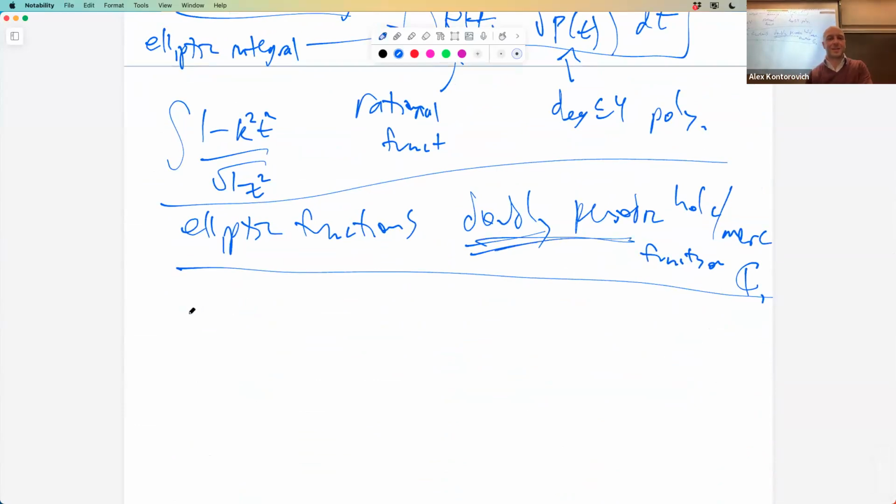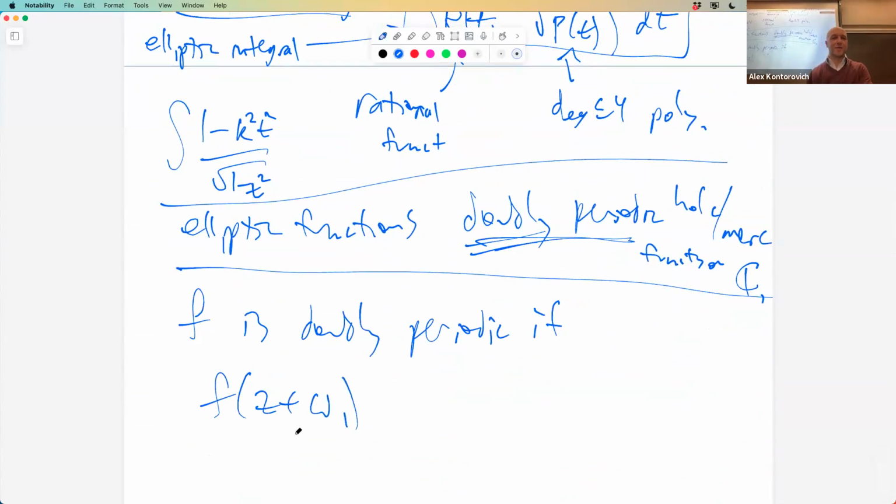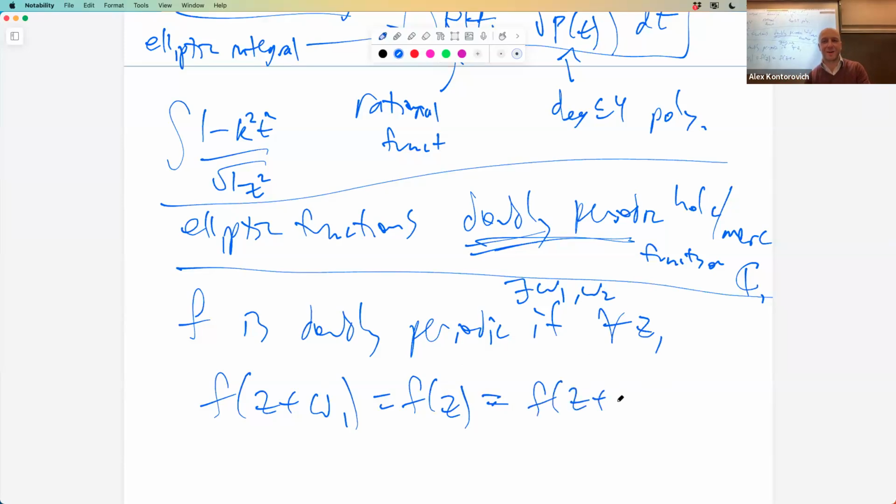F is doubly periodic if there exists some omega 1, a period, such that F of z plus omega 1 is equal to F of z for all z. Omega 1 could be 2 pi or 2 pi i. And there also exists an omega 2, so that F of z plus omega 2 equals F of z.